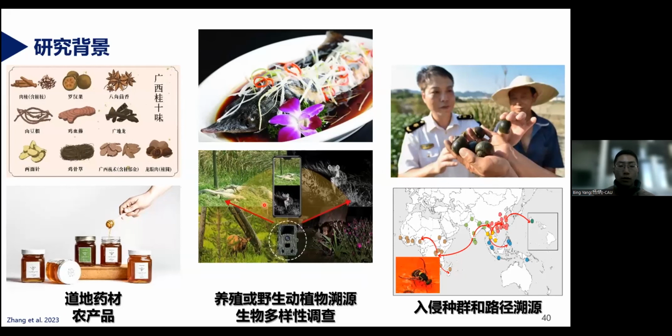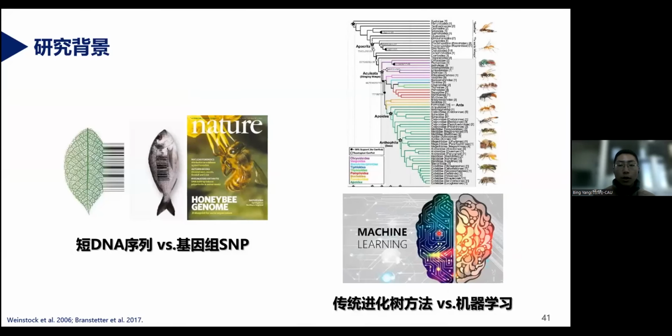And biodiversity investigation is a prerequisite for protecting the genetic diversity of species and to prevent invasive pests. So tracing originality is very important in so many different aspects.